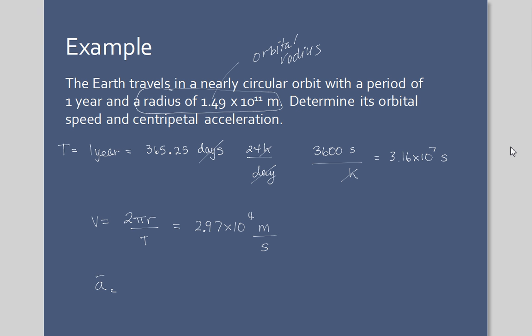So then the centripetal acceleration, and this is also like centripetal velocity, but it's all good. a_c here, we would say v squared over r. So we don't really necessarily have to use that fancy formula. If you do it in 2 steps, that's fine as well. So take that answer and square it, and then divide it by the radius.